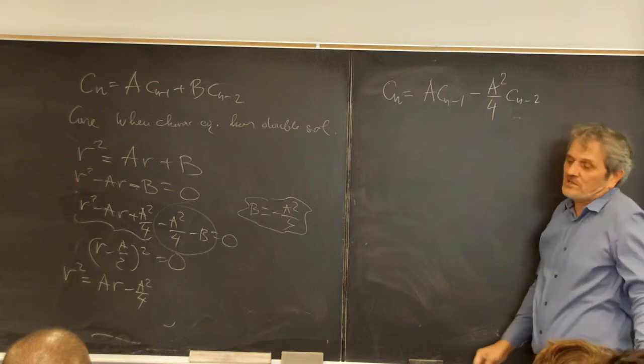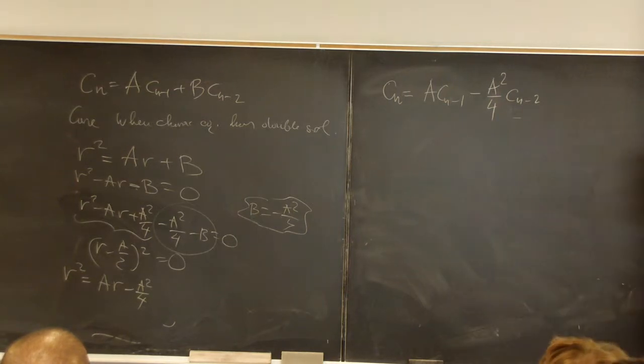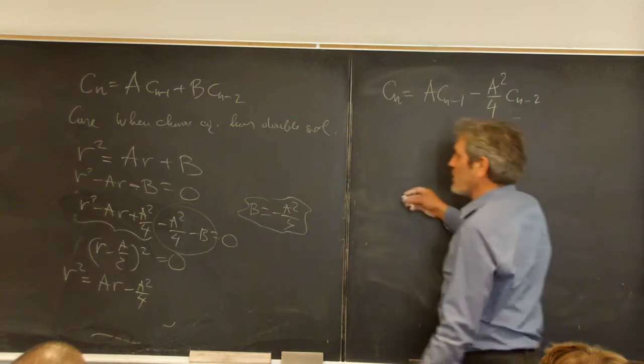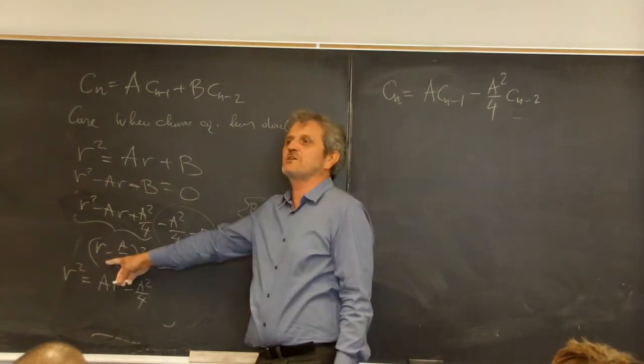That makes it a complete square. Then I want to show, so what is the solution of the characteristic equation?